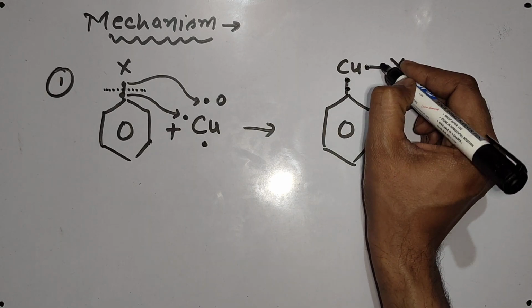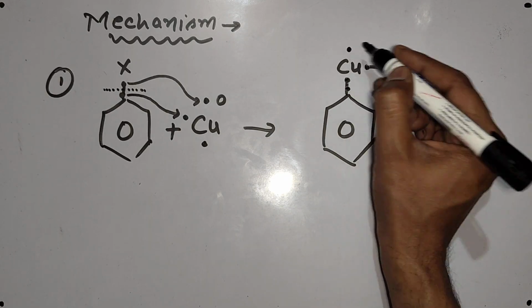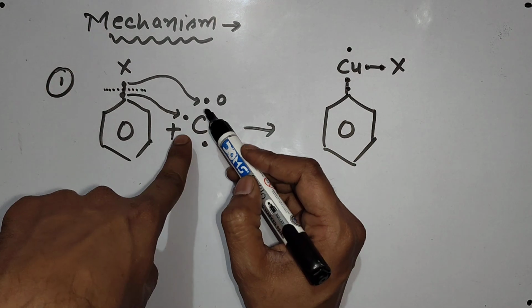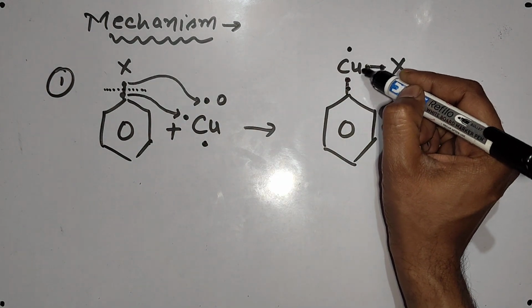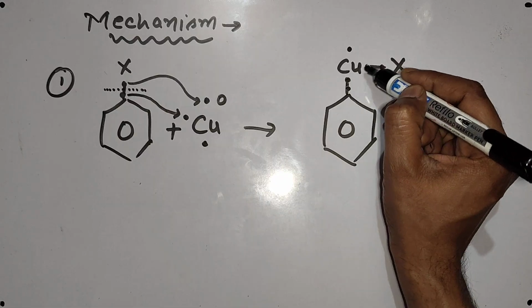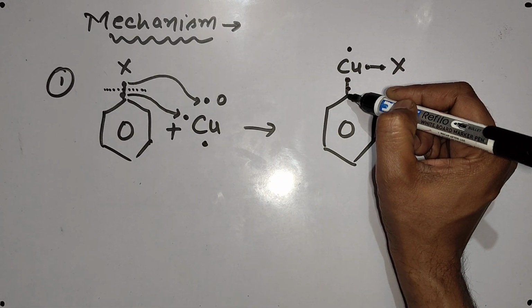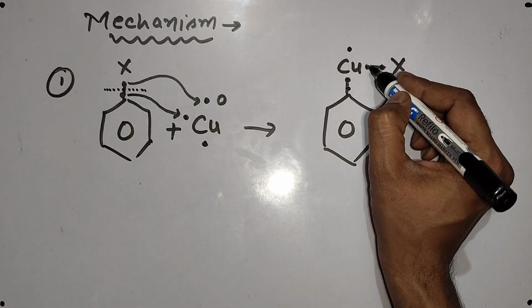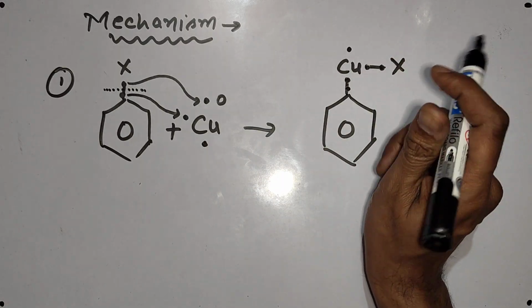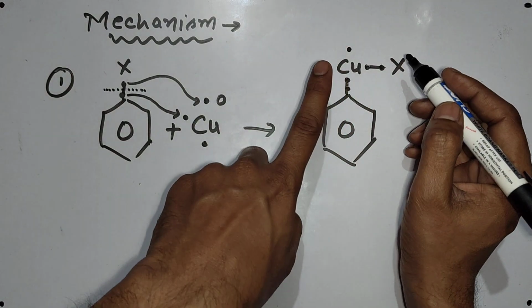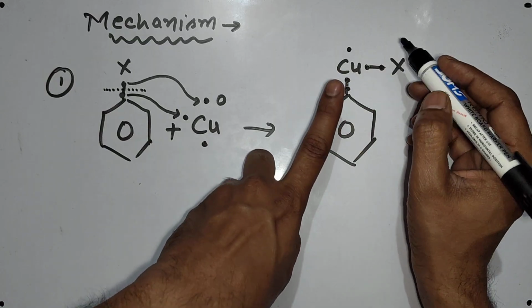Please be careful in counting of electrons. 2 unpaired electrons of copper are used by copper to make one covalent bond with carbon and a second covalent bond with X, and the third unpaired electron stays as it is. Now oxidation state.